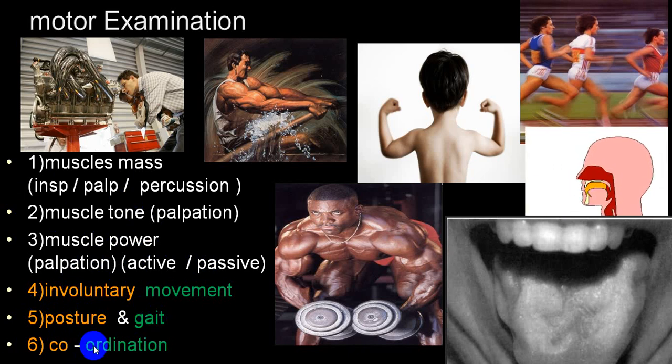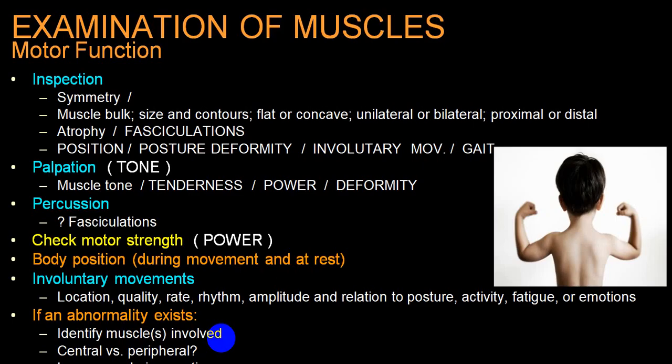Posture and gait is also by observation. Coordination will be done by many different types of tests. We will not be discussing it in detail at present. We'll be discussing in detail in cerebellar disorders and cerebellum examination, and reflexes we'll be doing separately. So we'll be going through one by one. So while doing a motor examination, first is inspection, palpation, percussion.